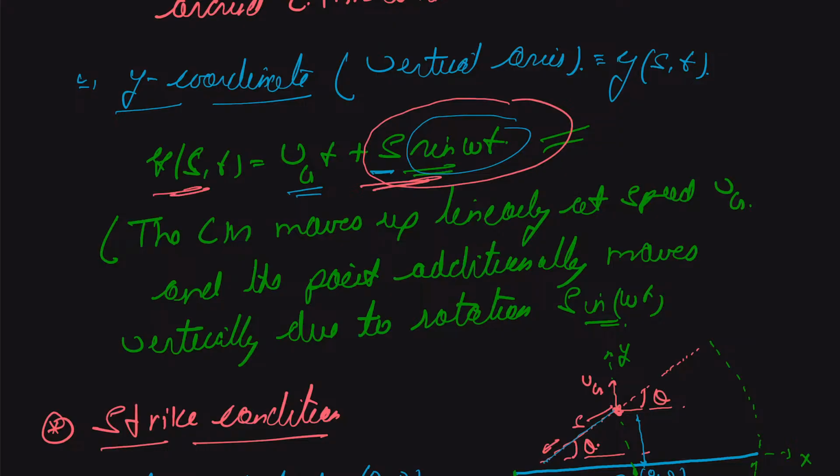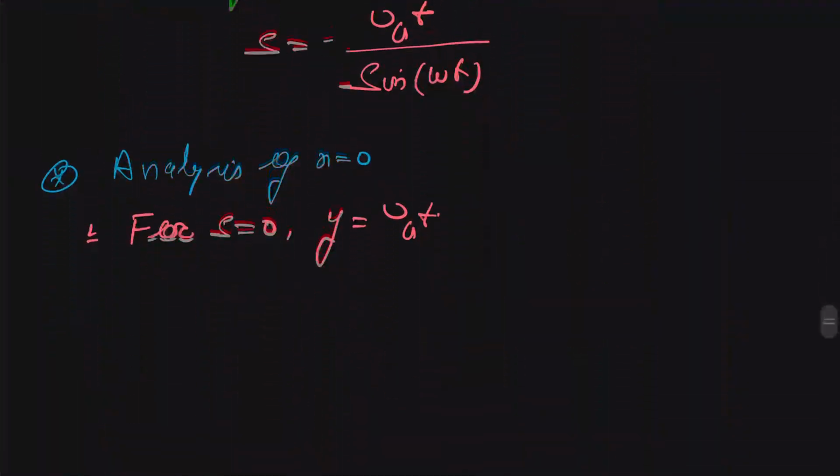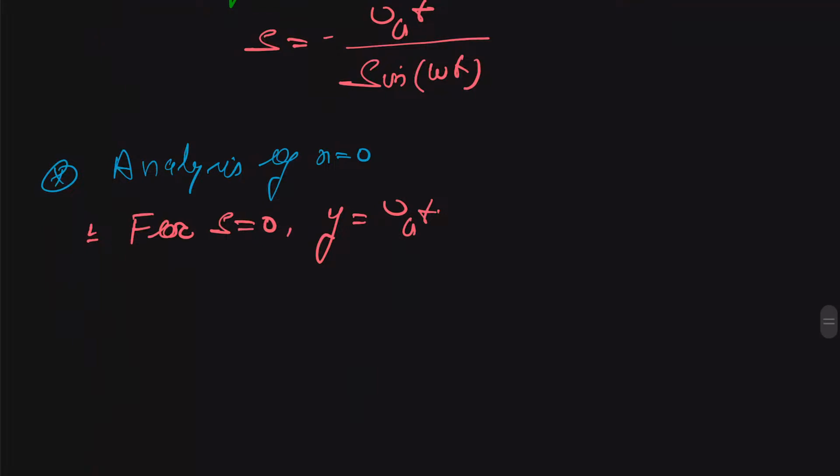So our y will be equal to only v of g times t. Therefore y is equal to v of g times t, which will be equal to 0 at t equal to 0. So it means there is some kind of initial contact, and it is not after the motion has started.